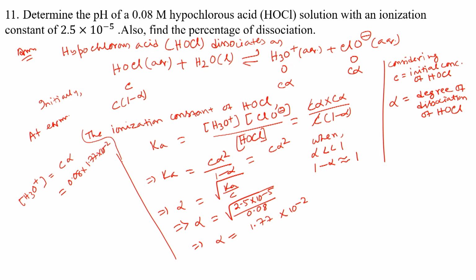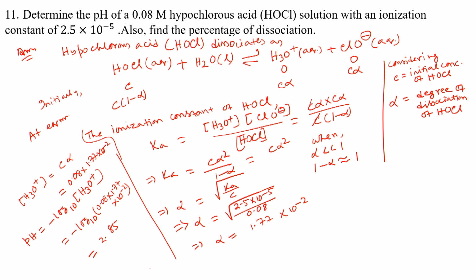Now pH is minus log base 10 of the concentration of H3O plus. So minus log base 10 of 0.08 times 1.77 times 10 to the minus 2. If we calculate this, we get pH is 2.85. So this is the value of pH.